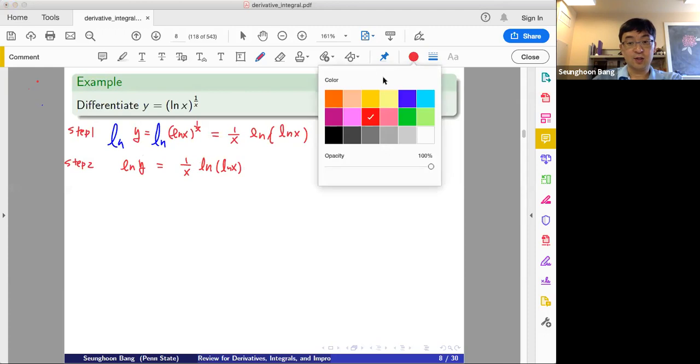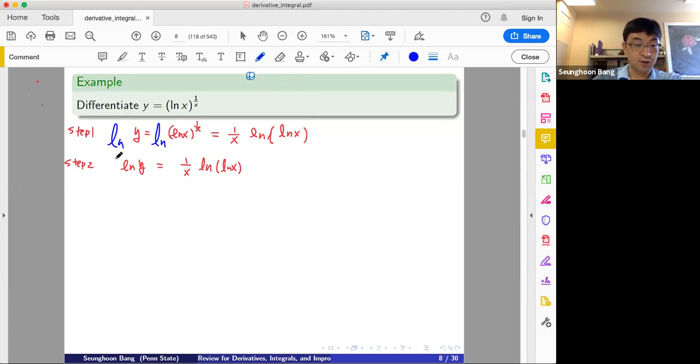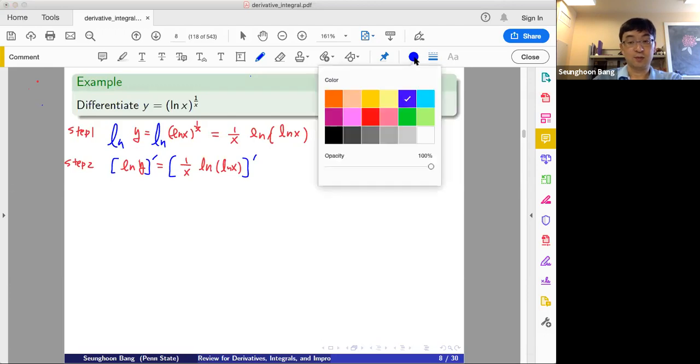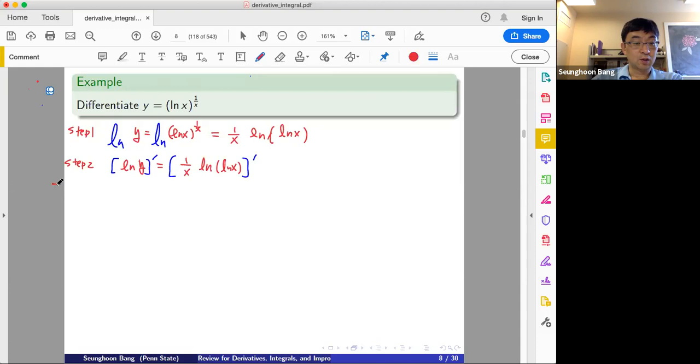Step 2 is take the derivative of both sides. So what happens? The derivative of ln of y, you can use the chain rule. Since y is a function, we have y prime over y equals, this one is like a product rule, 1 over x prime times ln of x plus 1 over x times ln of x prime.